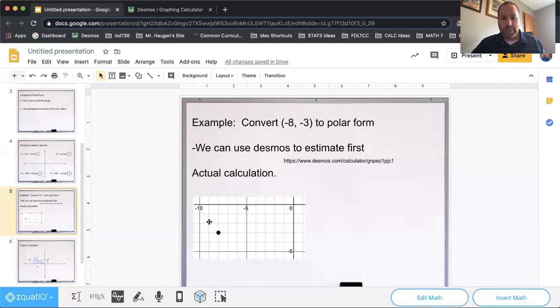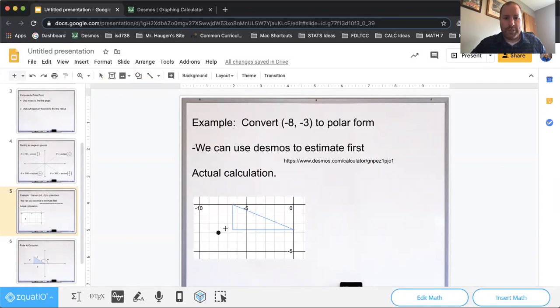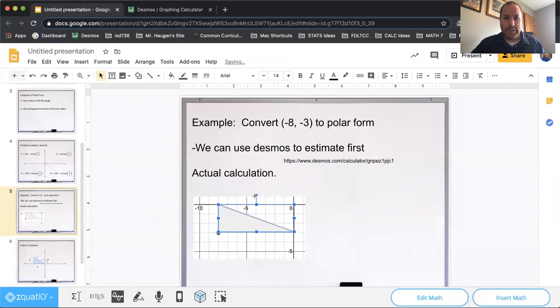So the actual calculation in here, what I would do to figure out exactly what those things are, first I got to figure out the radius, and that's going to be just the Pythagorean theorem. We can make a little right triangle in here. Actually, I should just put one right in there so we can see it.